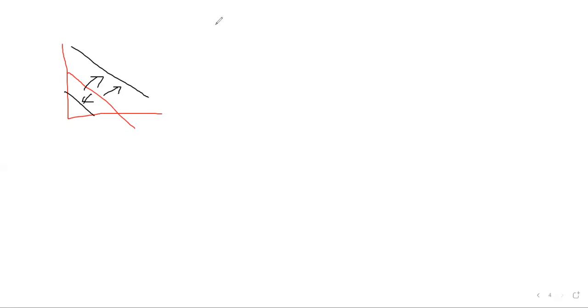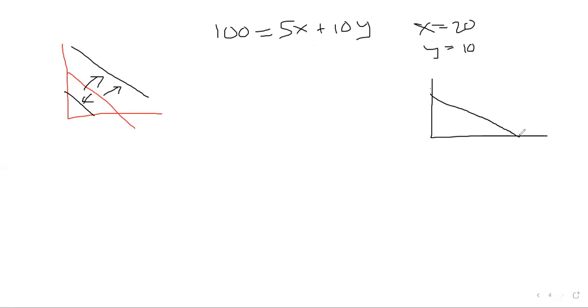For instance, if you had an income of 100 is equal to 5X plus 10Y, how do we sketch this? 100 divided by 5 gives 20, and 100 divided by 10 gives 10. So this cuts at Y 10 and X 20.